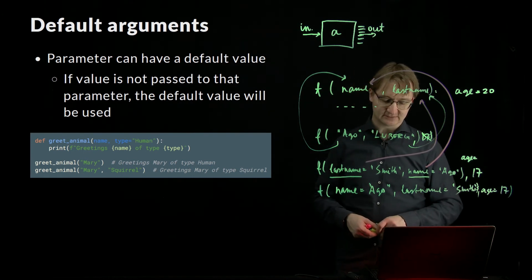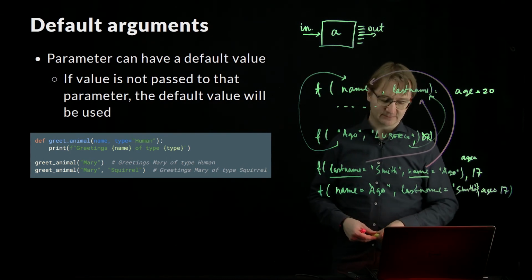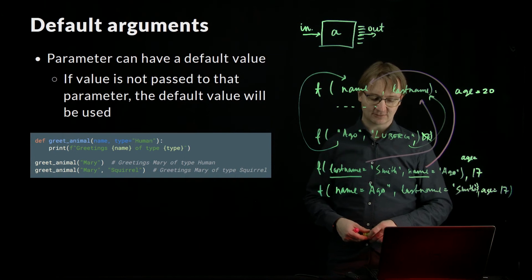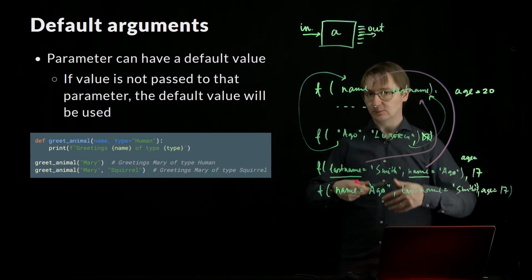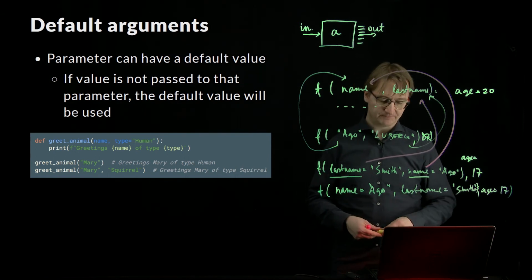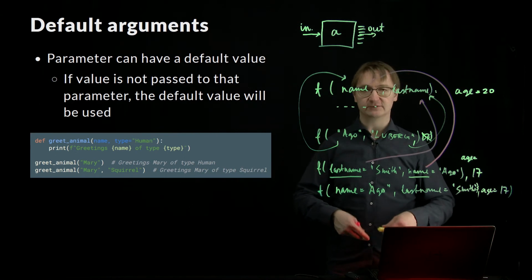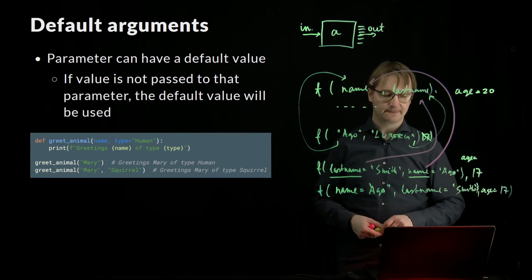But if I say greetAnimal Ago and squirrel, for example, then I would see greetings Ago of type squirrel. So based on whether the default value is suitable, I don't have to pass this. But if it's not suitable, I have to pass a value to this parameter also.